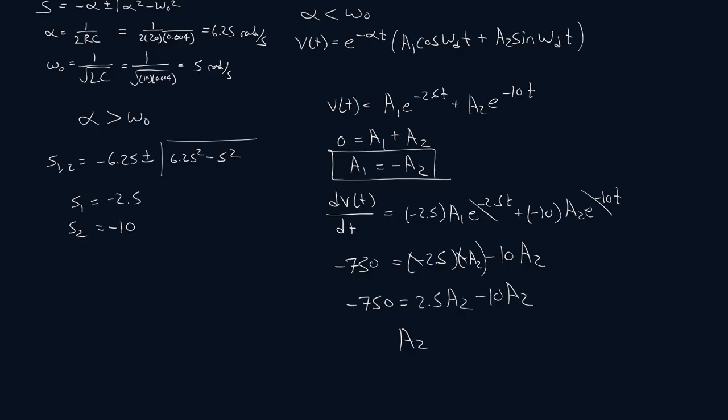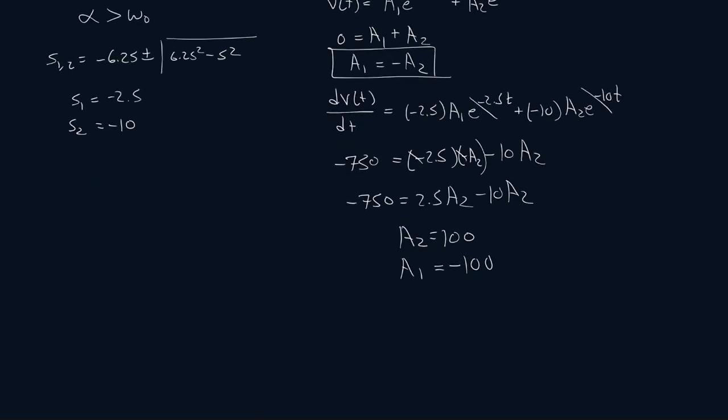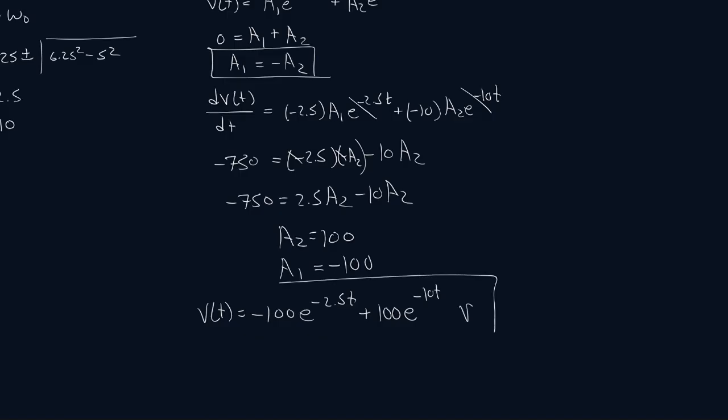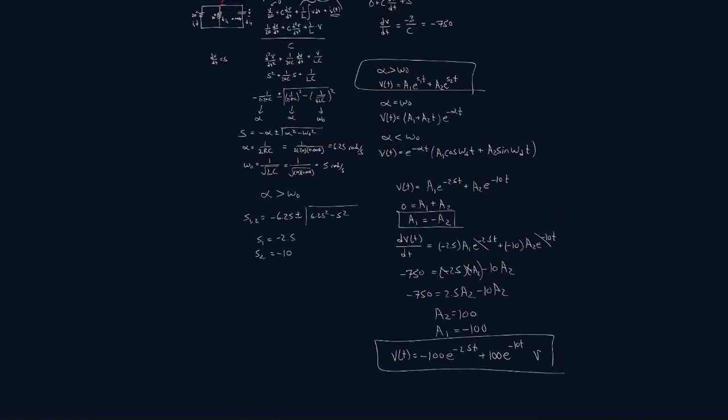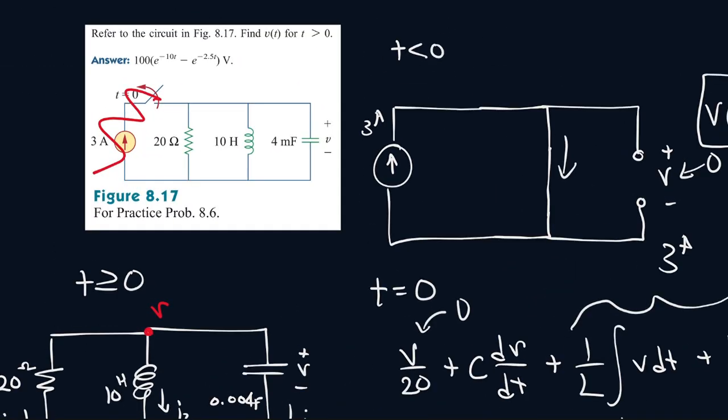And that means A2 will be equal to 100. And that means A1 is equal to minus 100. And now we can find v(t), which will be minus 100 e to the power of minus 2.5t plus 100 e to the power of minus 10t, and that's in volts, and that's the voltage formula for the capacitor.